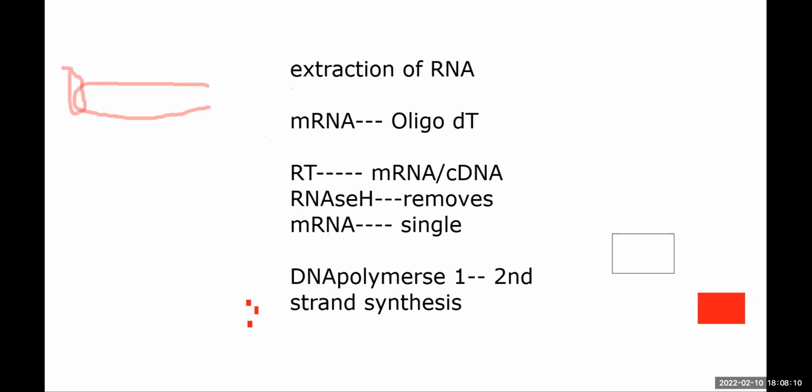This is broken by another enzyme called S1 nuclease. So if I give you various situations and ask you to make the right sequence of enzymes that work in reverse transcription: first will be reverse transcriptase, second RNase H, third DNA polymerase, and fourth S1 nuclease. Right?